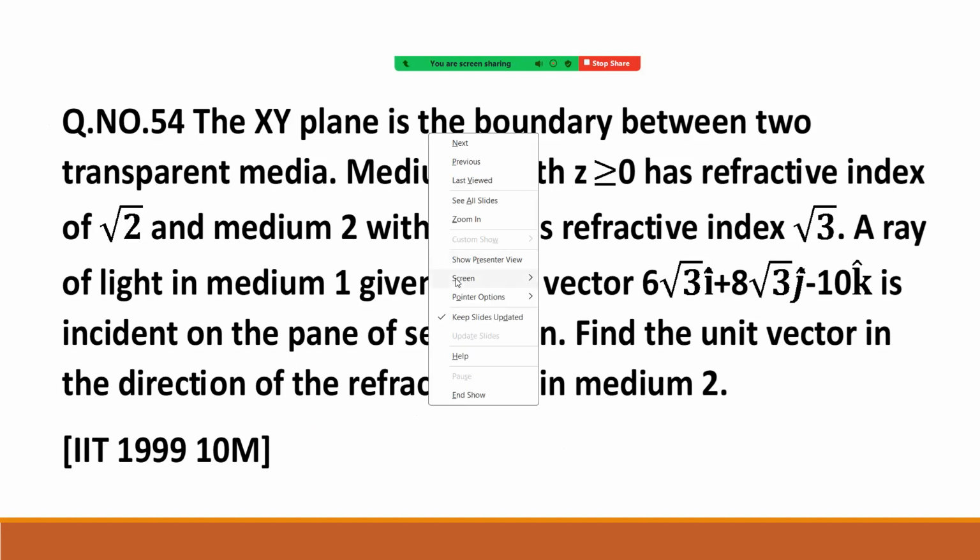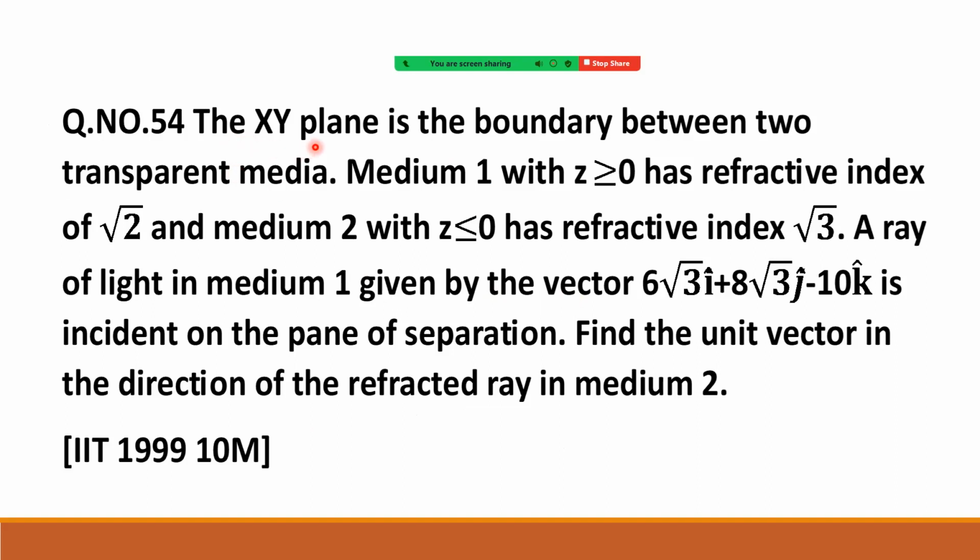Let's see the data given. The XY plane is the boundary between two transparent media. It means the z-axis becomes the normal, right? Medium 1 with z greater than or equal to 0 has refractive index root 2.